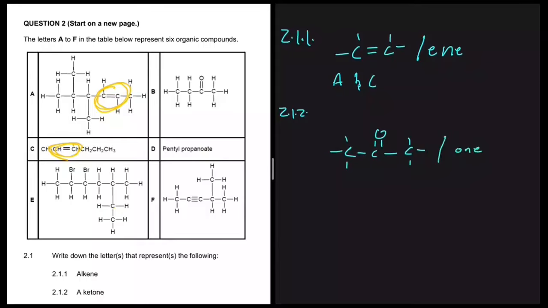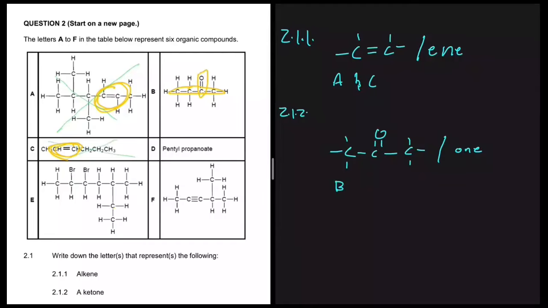For A, we already know that A is an alkene, so there's no way it can be part of our solution. But if you look at B, we have a carbon here bonded to an oxygen and two other carbons. So clearly B is our ketone. So for 2.1.2, we have B.